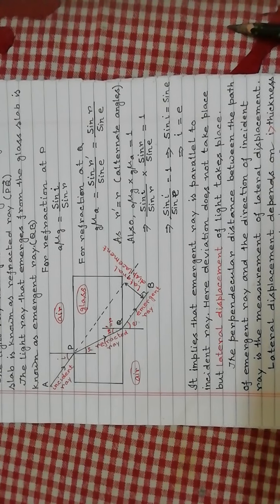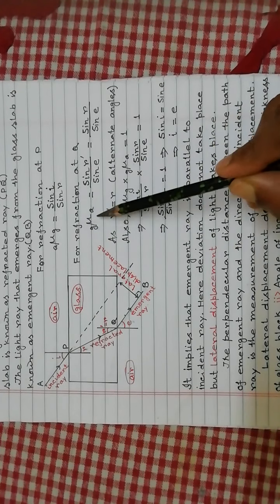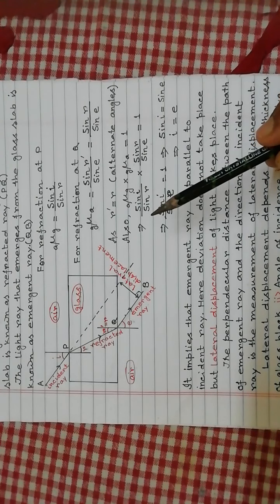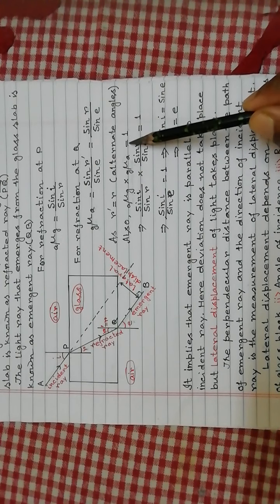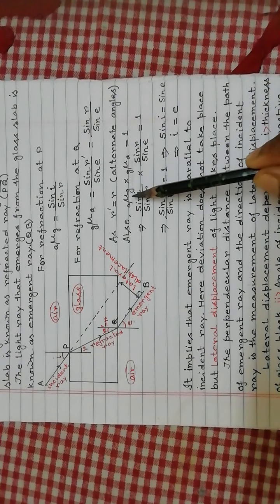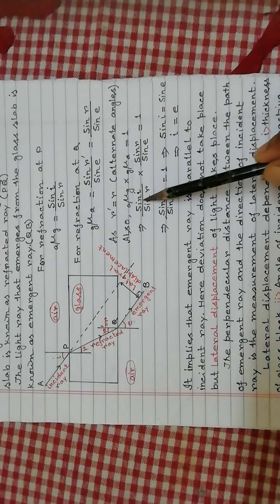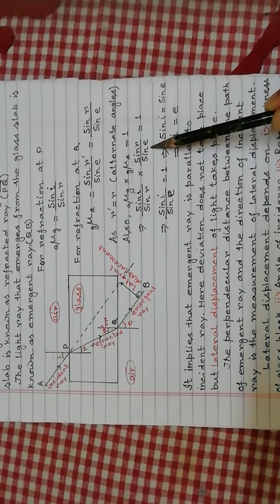Now we know that mu_ga into mu_ag is equal to 1, for the reversibility of light. When you multiply these two, it is 1. Now put the value of mu_ga, which is sin i by sin r, into mu_ag, which is sin r by sin e.